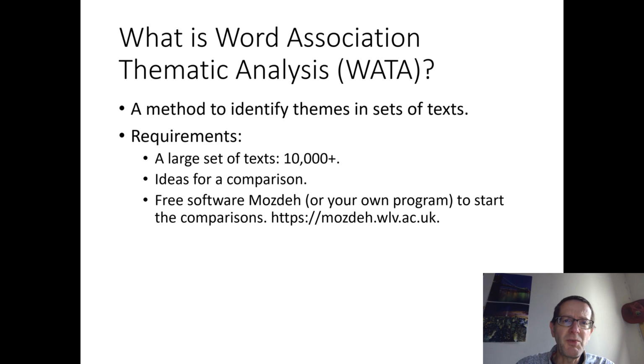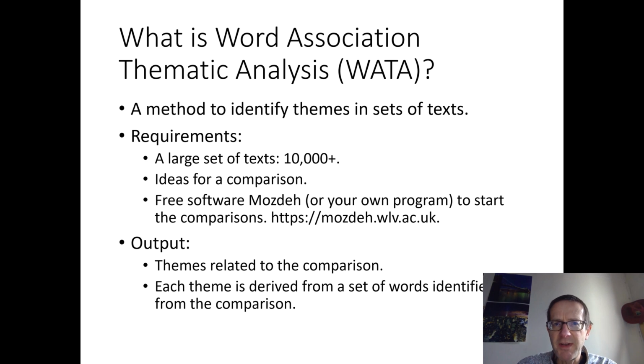So the text could be tweets, for example, or YouTube comments or article abstracts, preferably relatively short text, but they can come from any source. You also need ideas for comparisons, so we'll see some examples of that later on. And you'll need the free software Mozdeh, which is on the web, Windows only unfortunately, but you can download it on the web, or you can write your own program if you're a programmer.